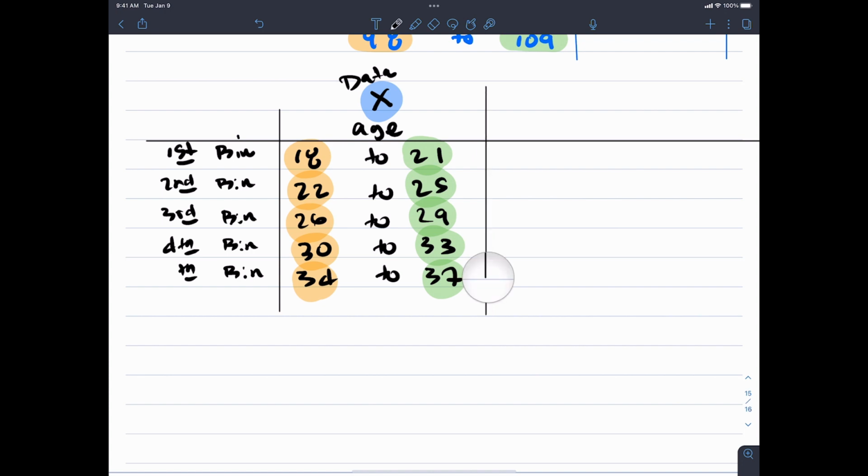Do you guys happen to remember what your frequency values were for the ages? It's in your notes. What were the frequencies? Because we're going to start to draw some pictures of data. So give me the frequencies. Give me the midpoints so we can start to do that.